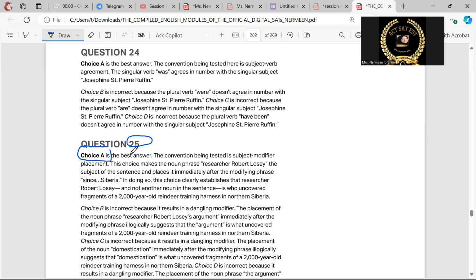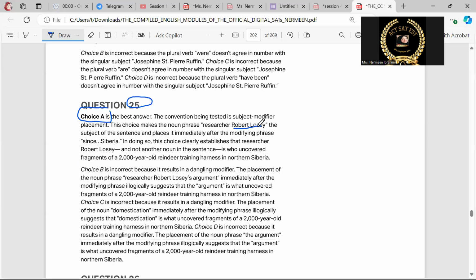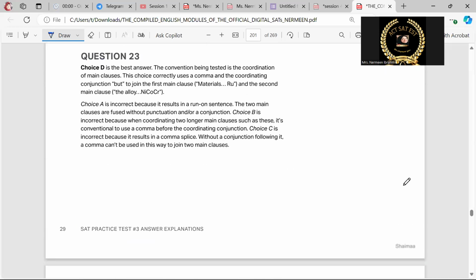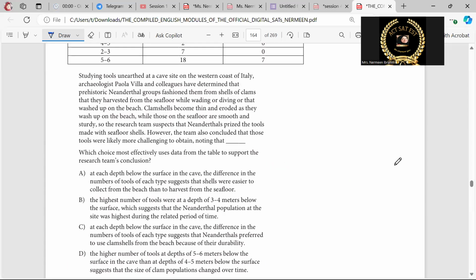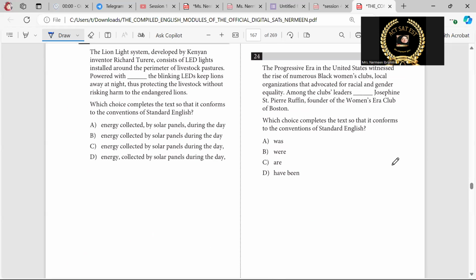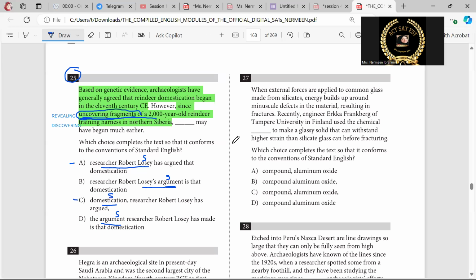Why? Because it's Robert Losey who can discover, it's the researcher who can realize and uncover the fragments of whatever we were reading about. Okay, guys, so hopefully Tariq, you can be more careful when reading the subject and relating it to the action or the verb that is written in the introductory part.